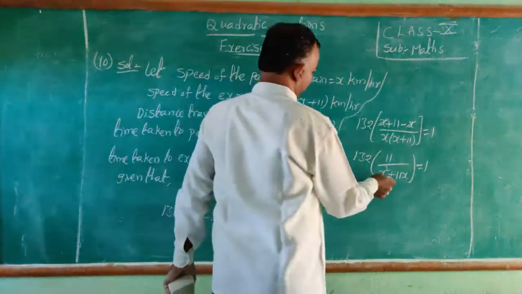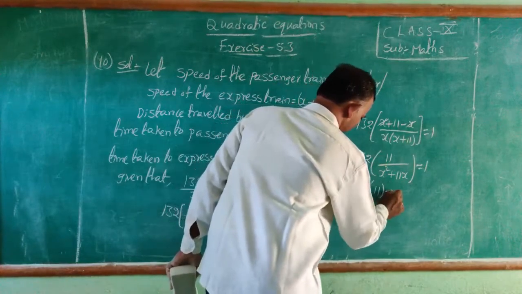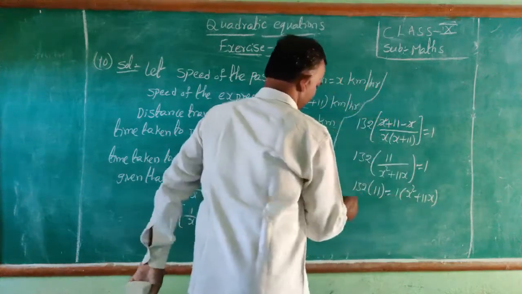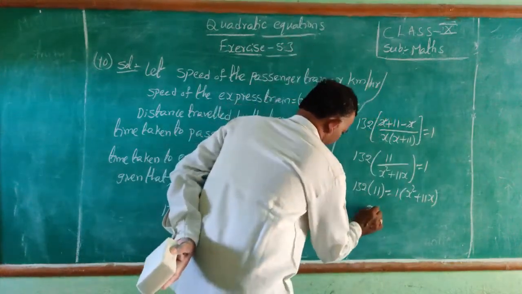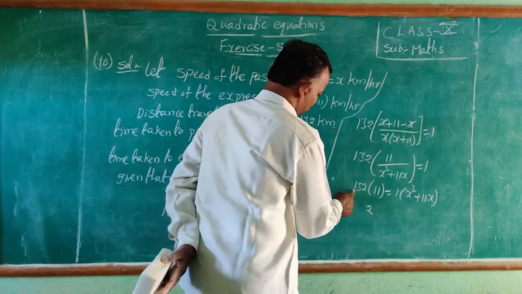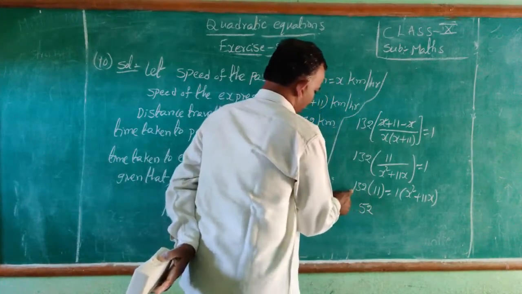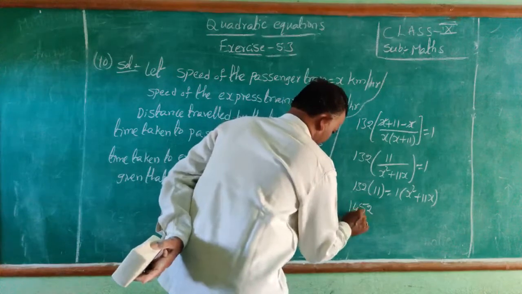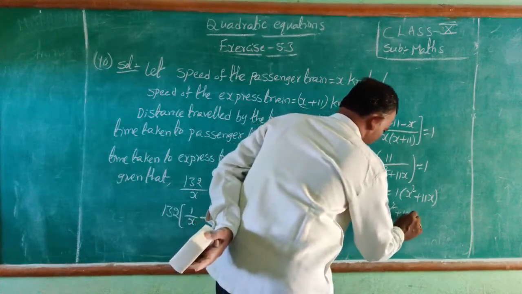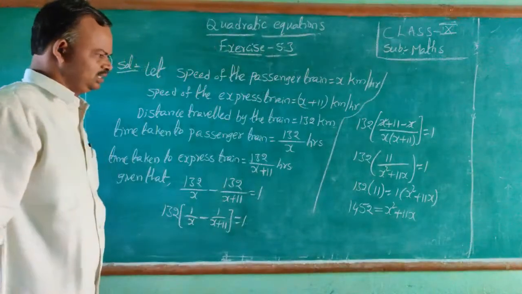So cross multiply that. 132 into 11, 1 into x square plus 11x. 132 into 11, 11 2s are 22, 11 3s are 33 plus 2 is 35, 11 1s are 11 plus 3 is 14, 1452 is equal to x square plus 11x.